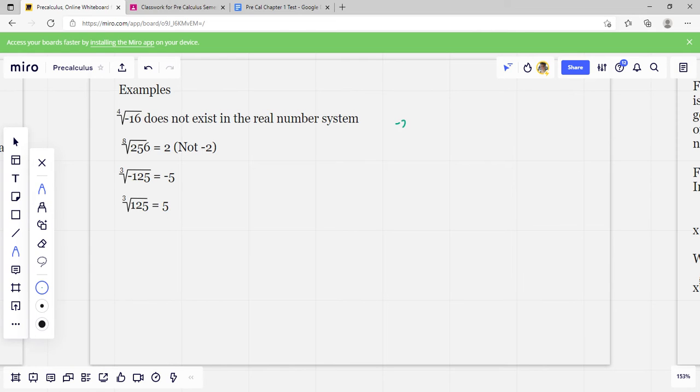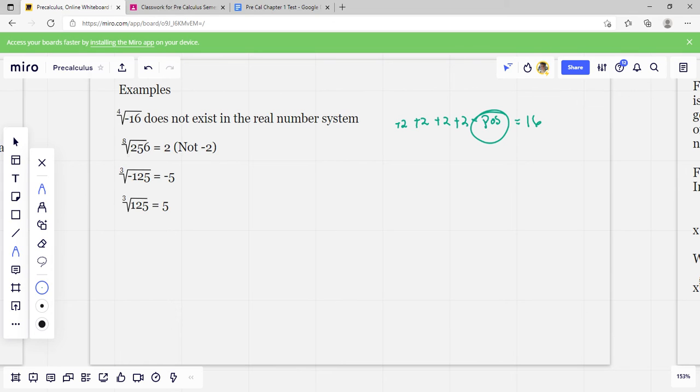But we can't say negative 2, negative 2, negative 2, negative 2, and come up with a negative number. It's always going to come up with a positive number. So we're always going to get positive 16 when we multiply that negative 2 an even number of times. So if this is even and this is negative, then it's not going to work.